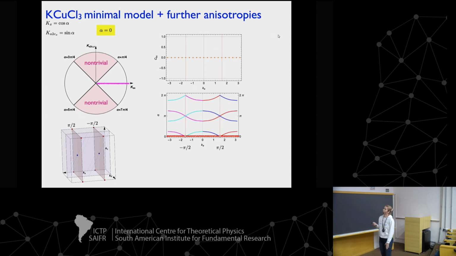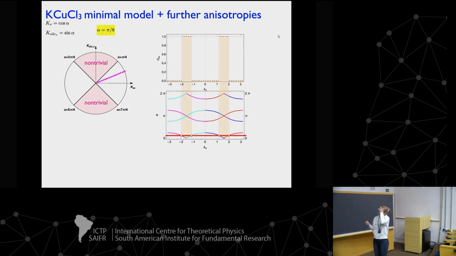And then, of course, we can investigate what happens if we start from alpha equals 0, so we are here. One can calculate the Chern number. For example, if we go along the Ka direction, we will find that it's actually trivial.